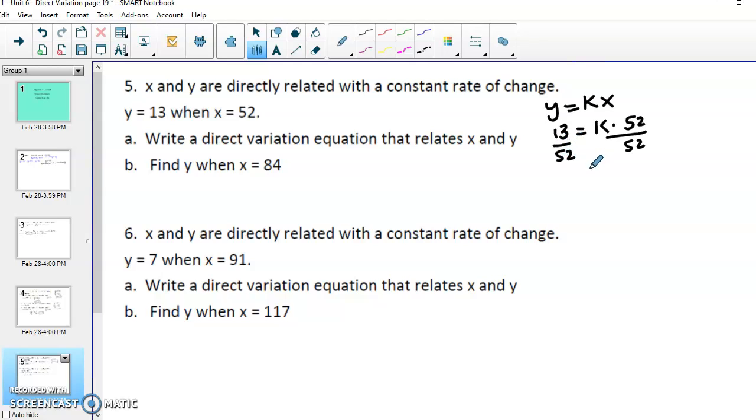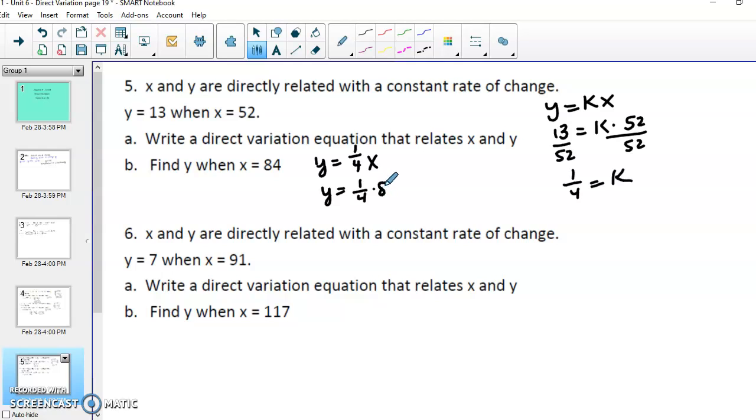If you can, you should reduce it. So 13 over 52 reduces to, I'm double checking on a calculator, reduces to 1/4. The simpler the fraction, the better. So y equals 1/4 x.